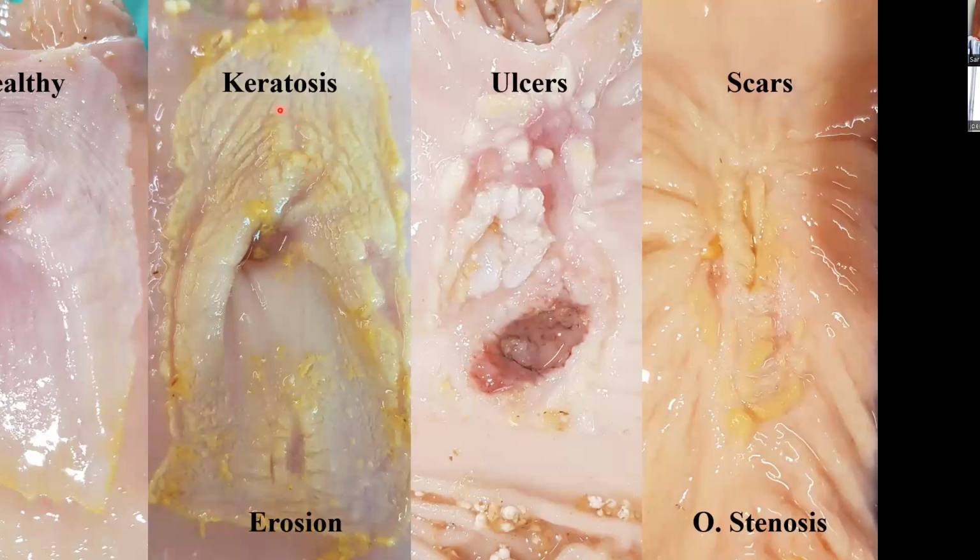Keratosis is a normal reaction of epithelial tissue when it's stressed. Here we see the epithelium thickening, and this yellowish staining corresponds to the hydrochloric secretion and enzymes secreted from the pancreas and the liver that are refluxing into the stomach and getting in contact with the pars esophagea.